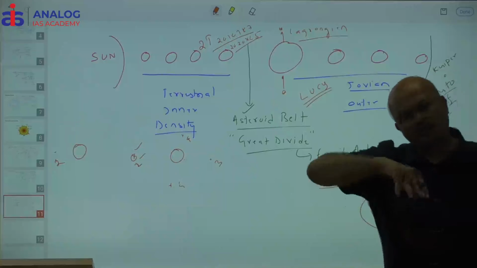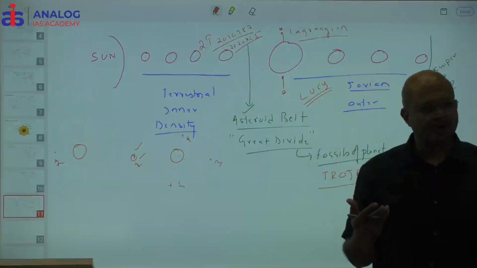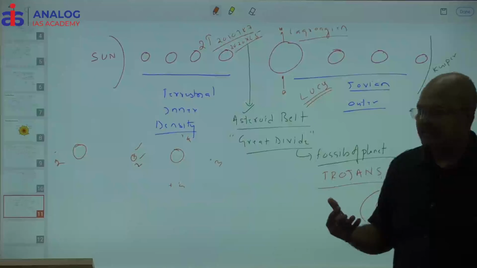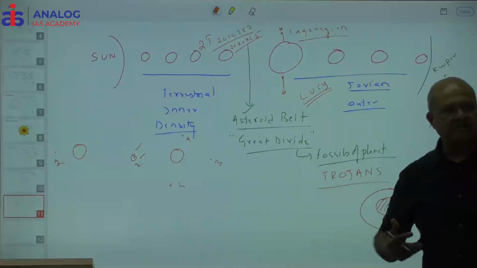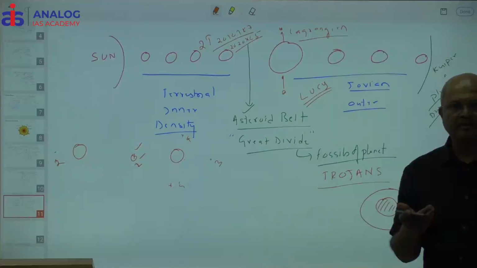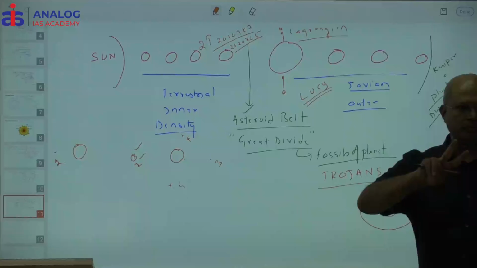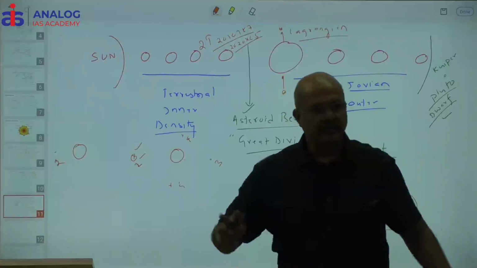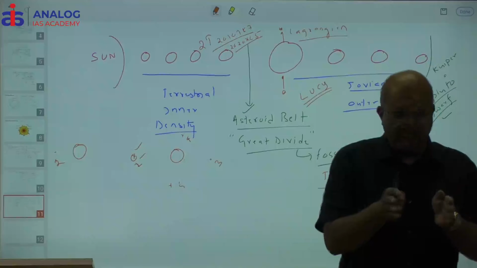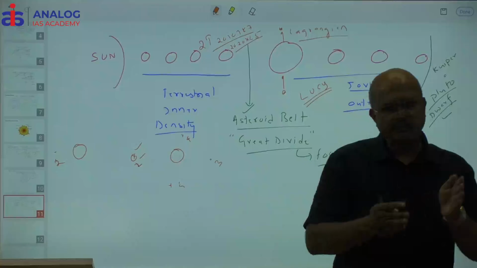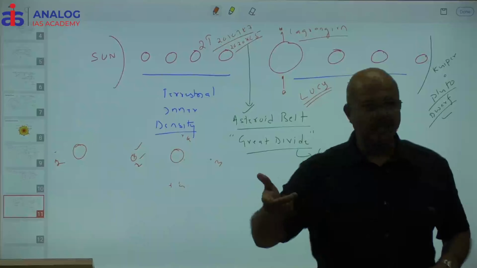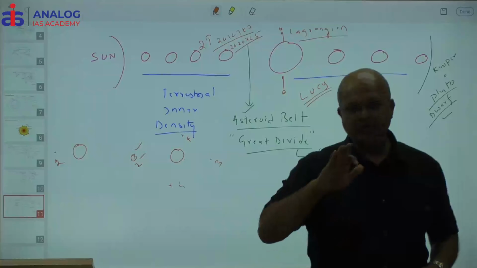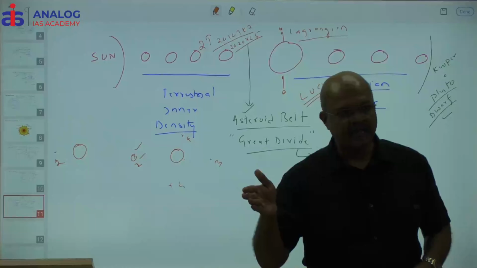What is a Trojan? A type of asteroid. Is that clear now? So maximum Trojans are along which planet? Jupiter. Every planet may have them, but now they are discovered, and we believe they have been identified. Now don't confuse that with natural satellites.